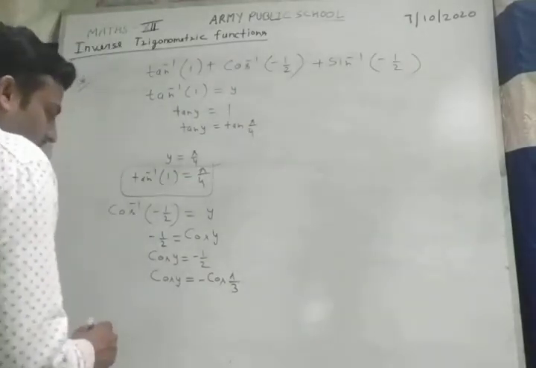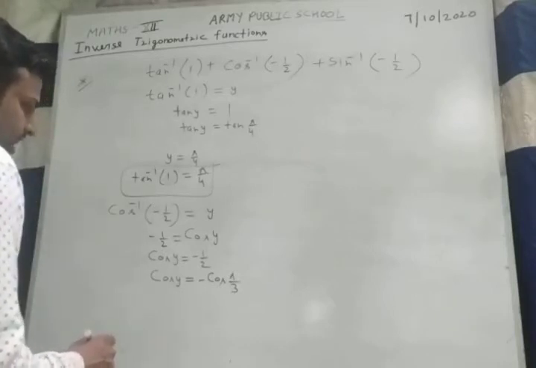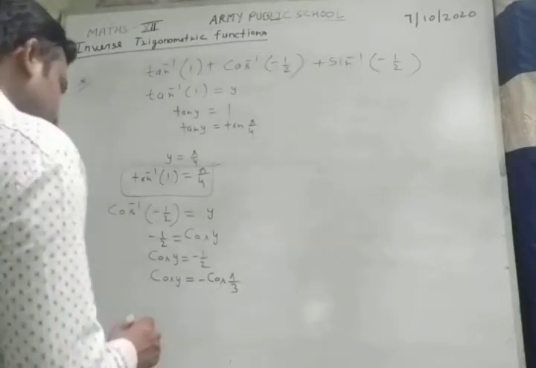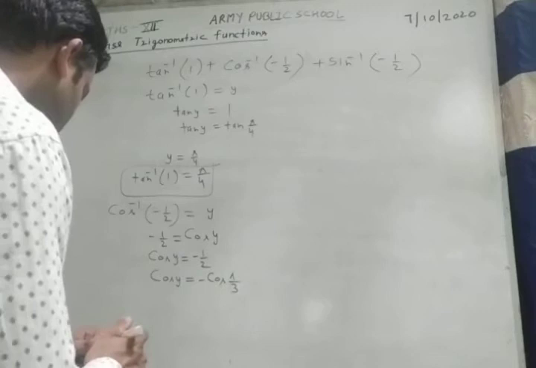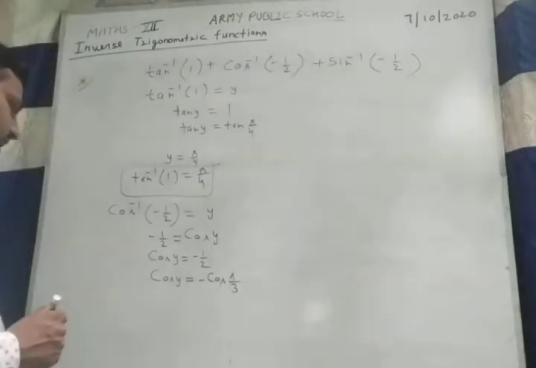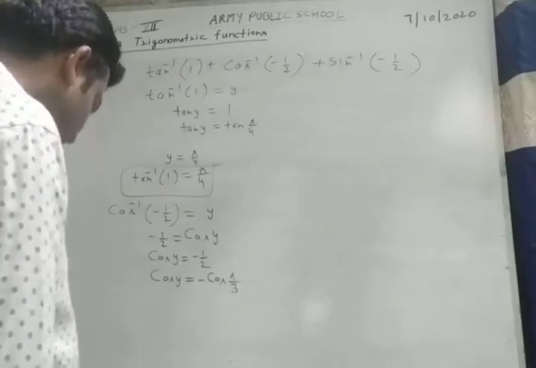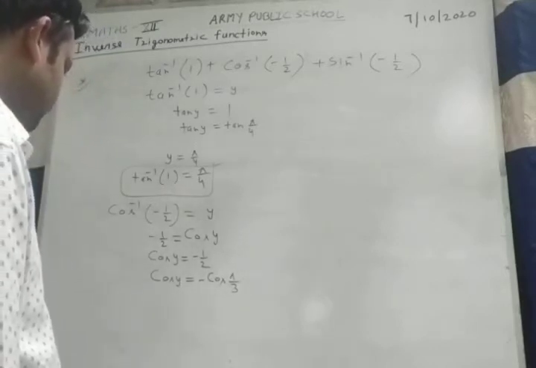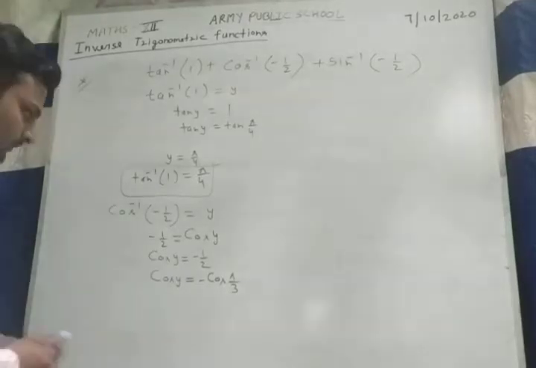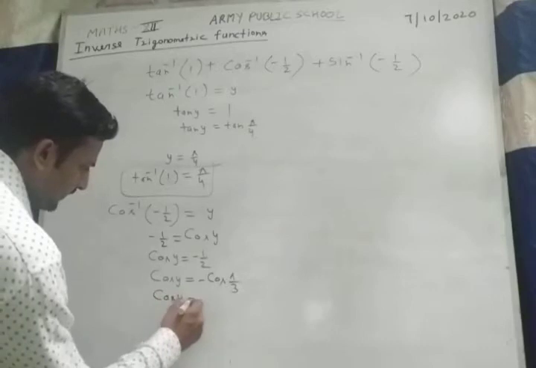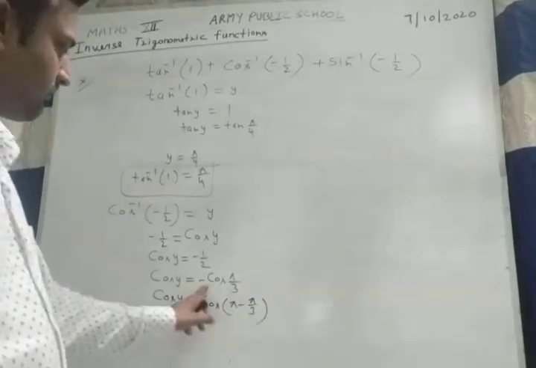Now this pi by 3, we can write cos y is equal to cos of pi minus pi by 3, since cos of 180 minus theta is minus cos theta.